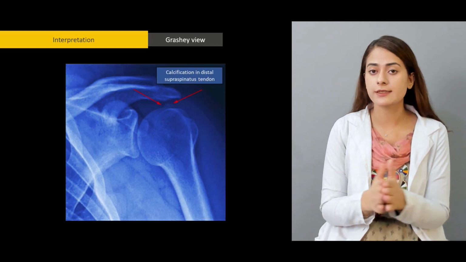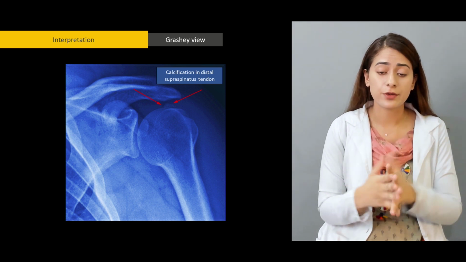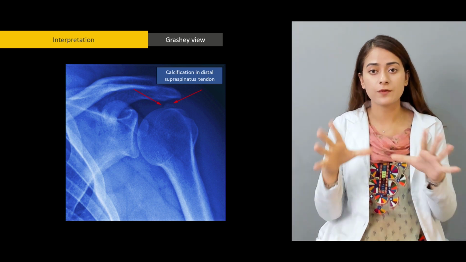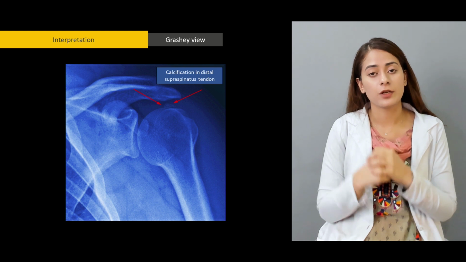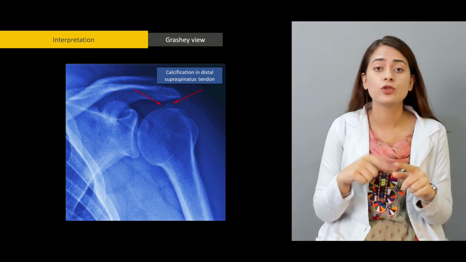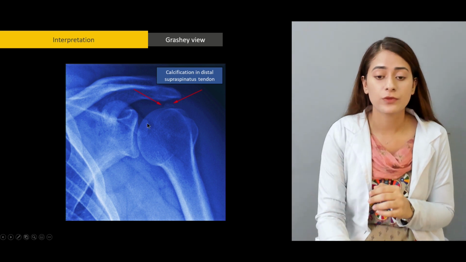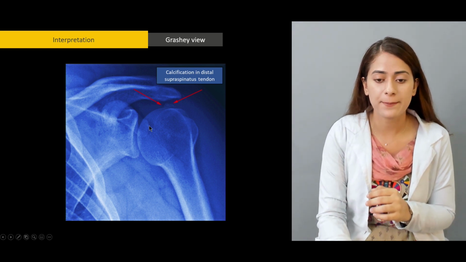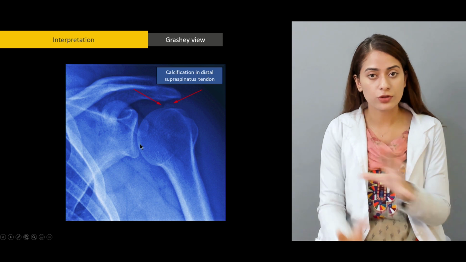Like we discussed in another lecture as well, the Grashey view is a special view to visualize the glenohumeral joint surface, to prevent any overlapping of the glenohumeral surface.